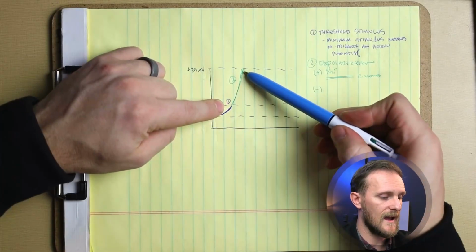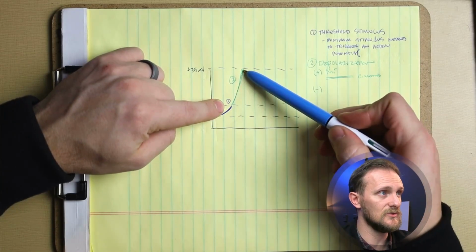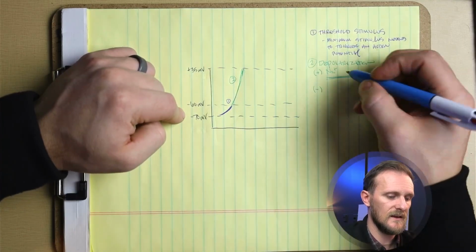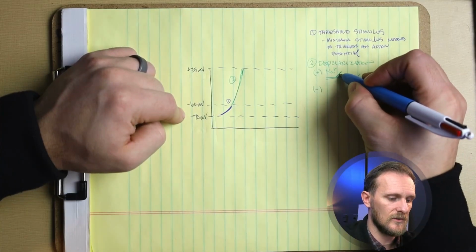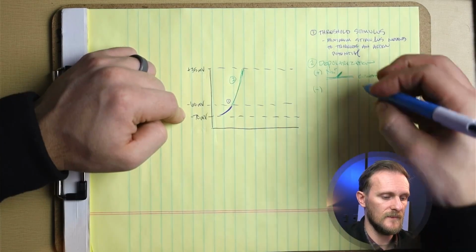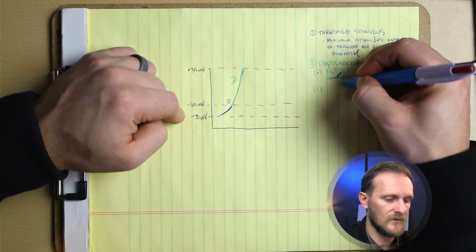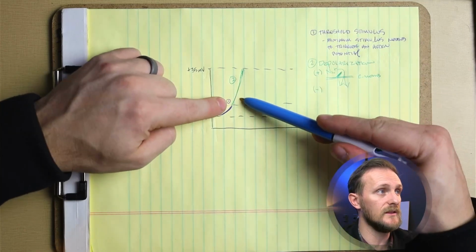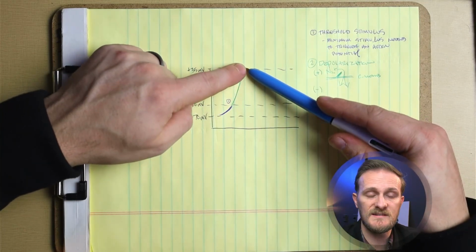And what causes this big, huge increase is that when the threshold stimulus is met, sodium gates are going to open in the cell membrane, and all of the sodium is going to rush into the cell, making the cell get really, really positive until it reaches its peak.